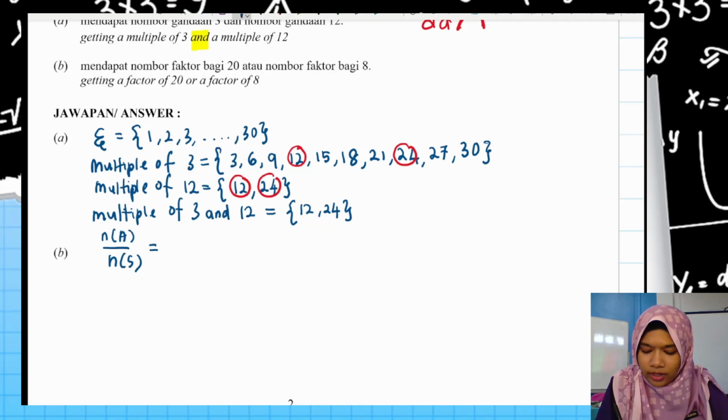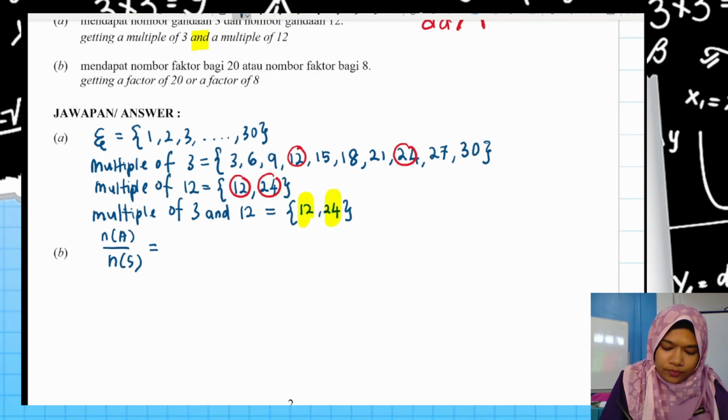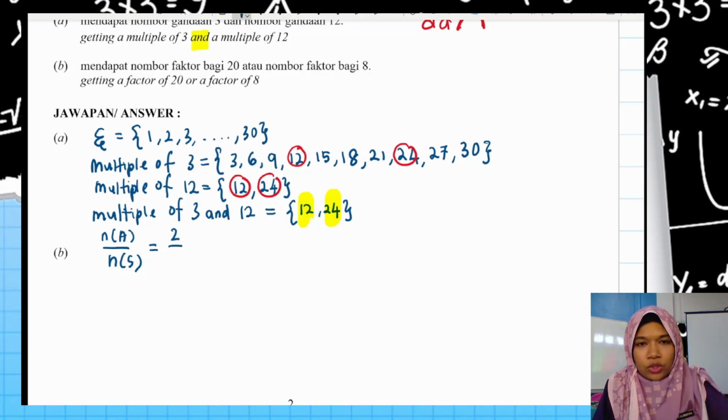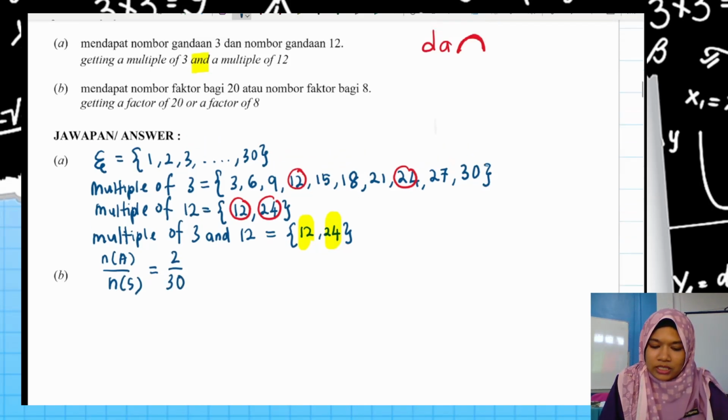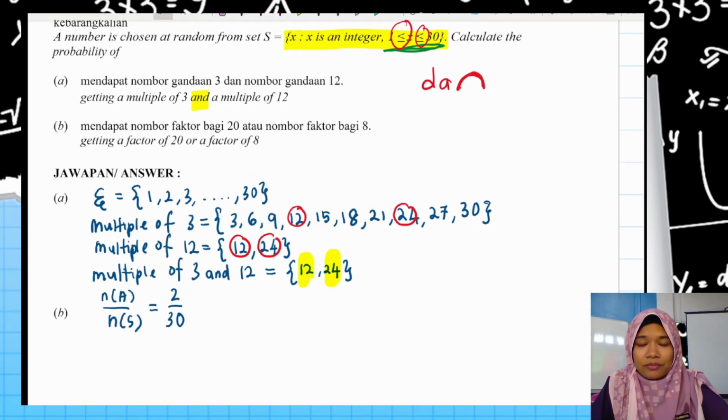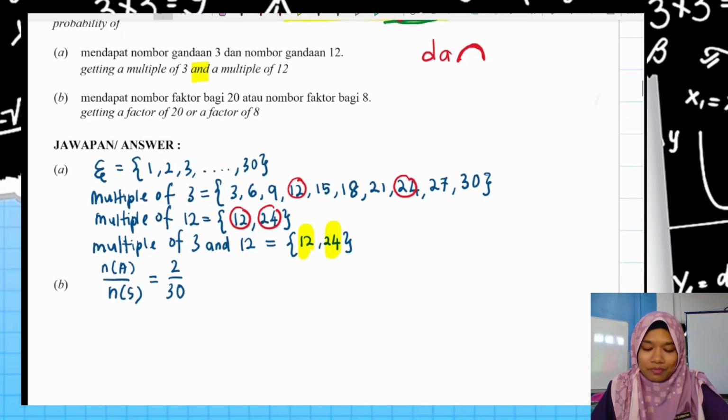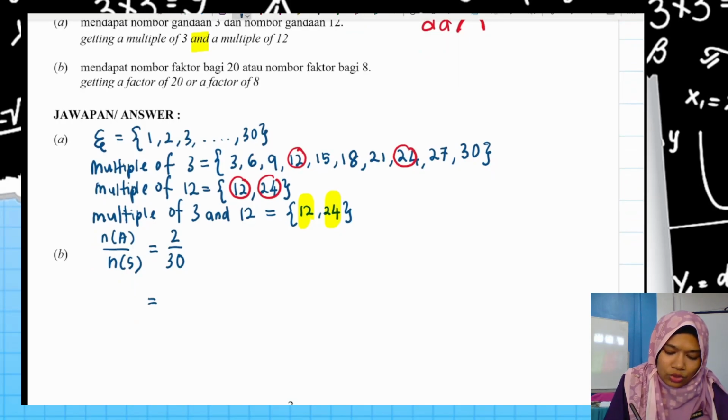So 2 over what? 2 over 30, because the number of elements in the universal set, from number 1 until 30, is 30 elements. Is it the final answer for the probability? No, you have to simplify. So you will get 1 over 15.